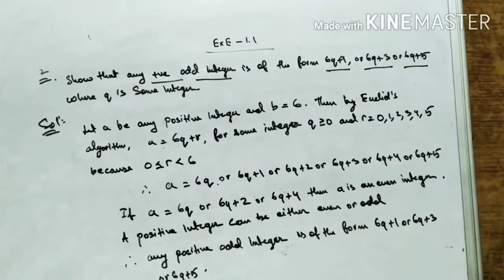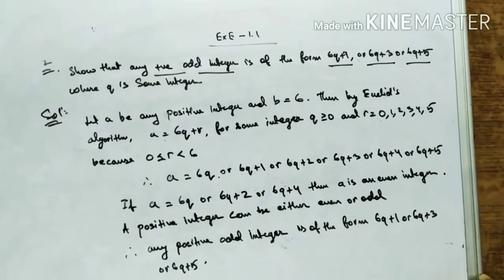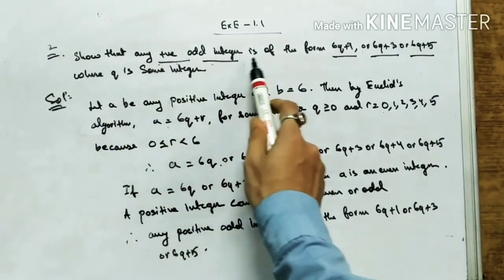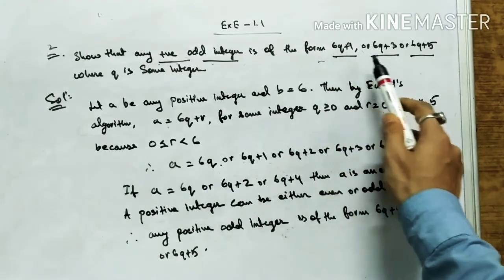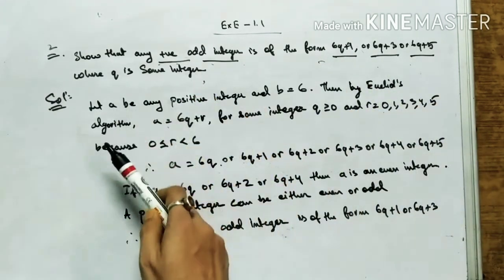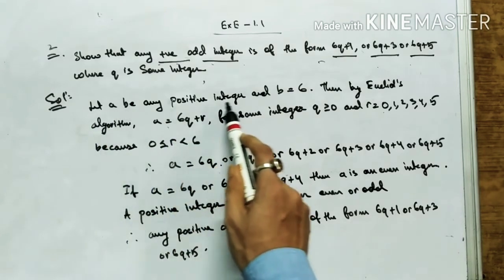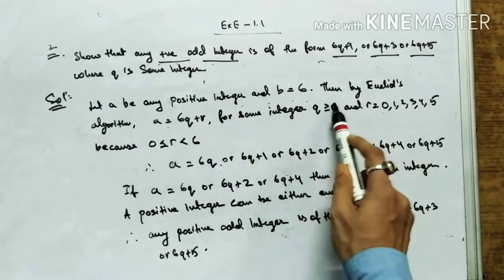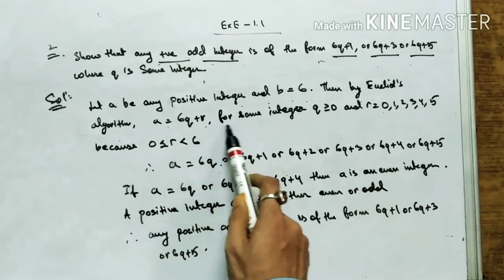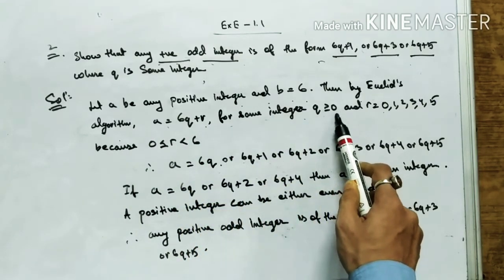So first of all, in here you see the question saying so that any positive odd integer is of the form 6q plus 1, 6q plus 3, 6q plus 5, where q is some integer. So you can take that let a be any positive integer and b is equal to 6. Then by Euclid's algorithm, a is equal to 6q plus r you will get for some integer q greater than or equal to 0.